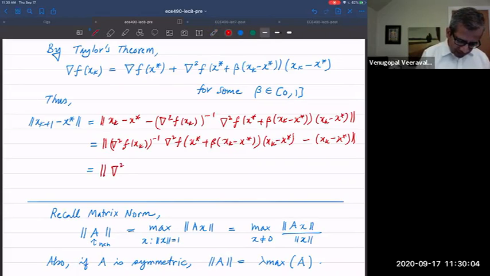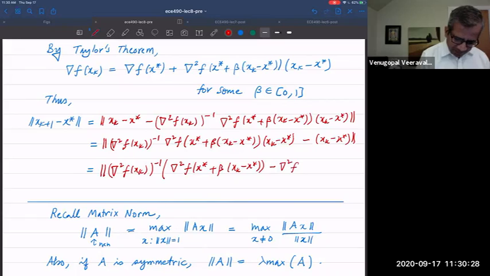So I can write this whole thing as the Hessian of f at xk inverse, times the Hessian at this spot minus the Hessian without the inverse, times xk minus x star.